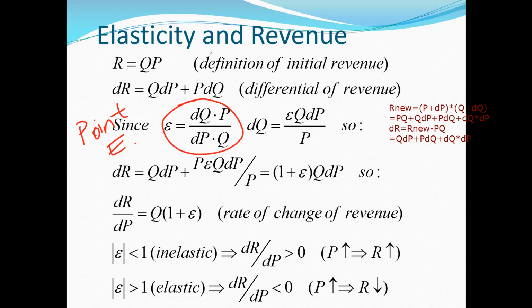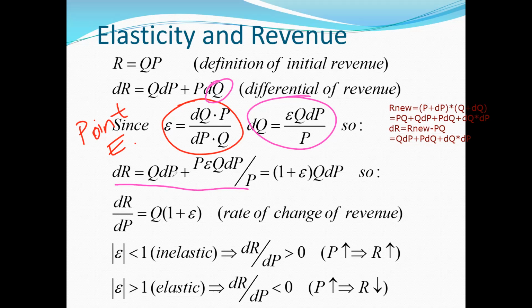So what's happening is that I'm replacing dQ. I'm changing this dQ expression with this one. Okay, so that's all I'm doing. And then based on that, you can derive dR will be this one.